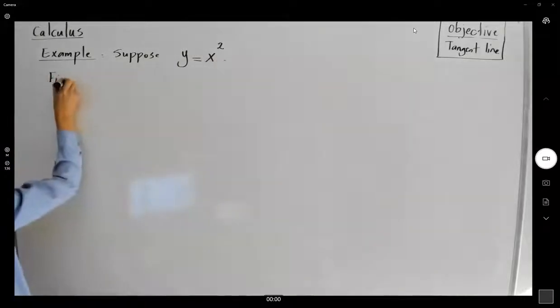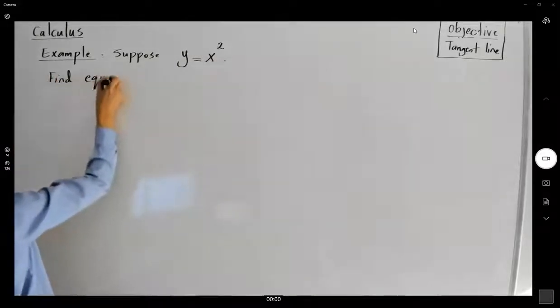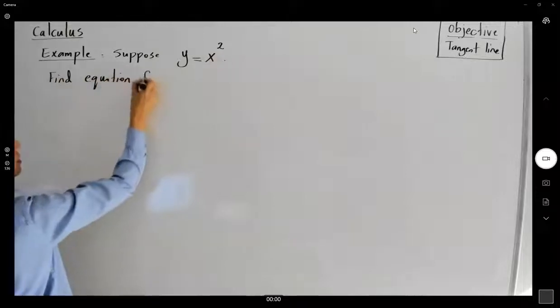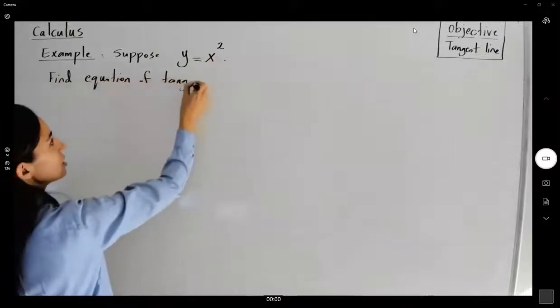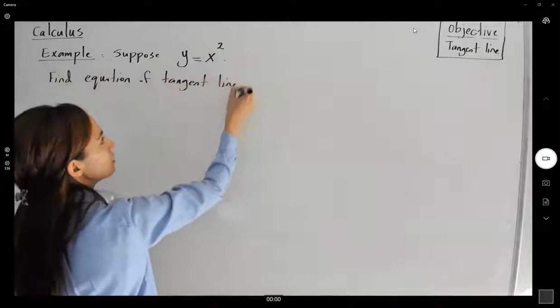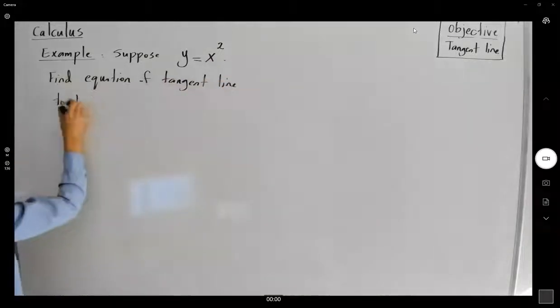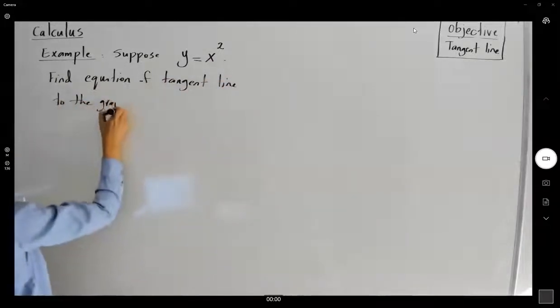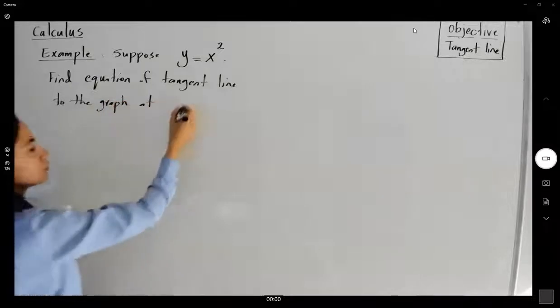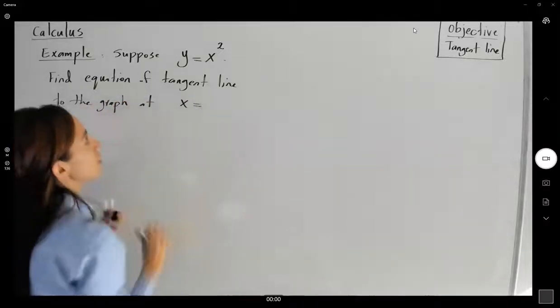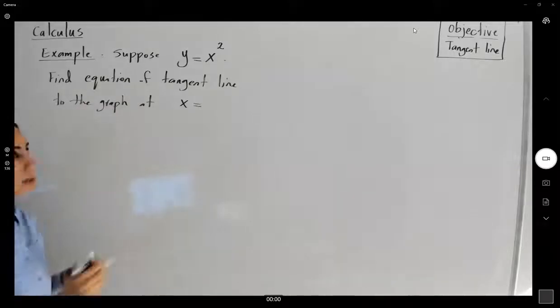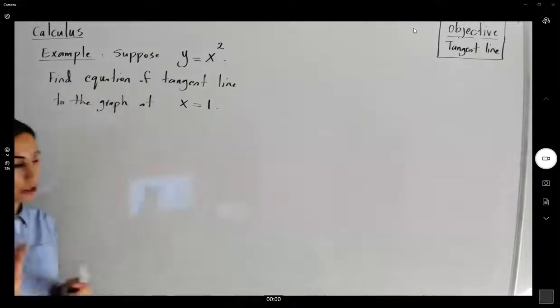Find equation of tangent line to the graph at point x equals, let's say, 1. What is equation of tangent line?